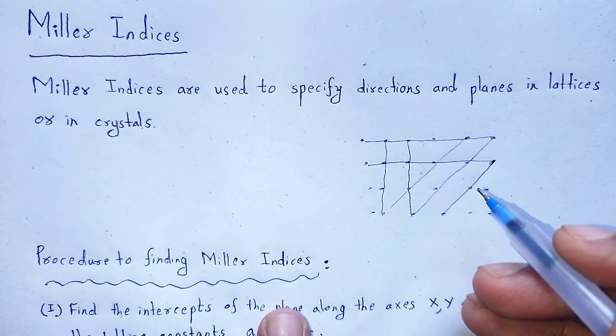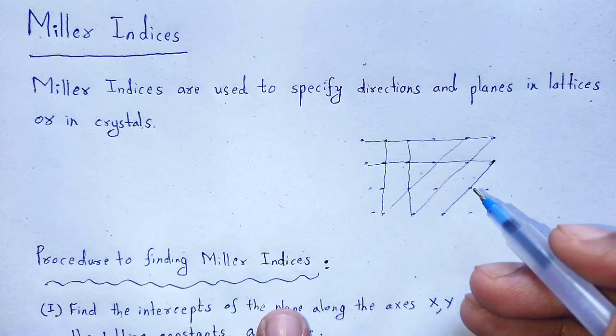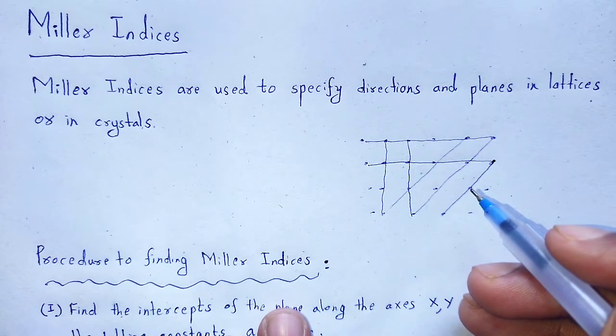As we know, crystals are anisotropic in nature. Anisotropic means it is dependent on directions. All the physical properties of crystalline solids are different in different directions.